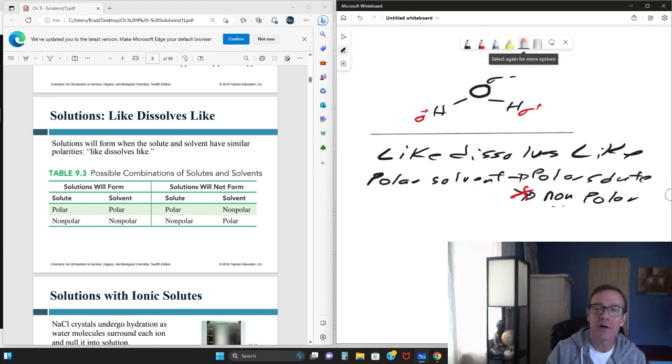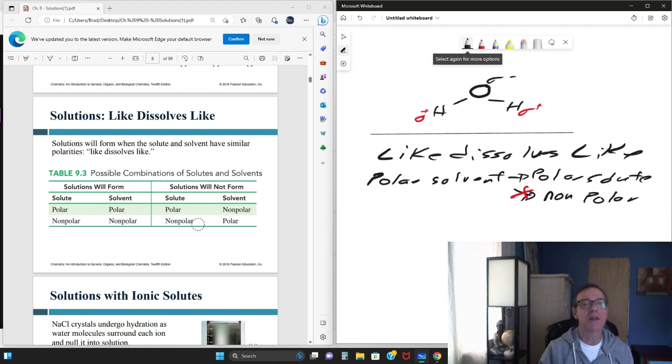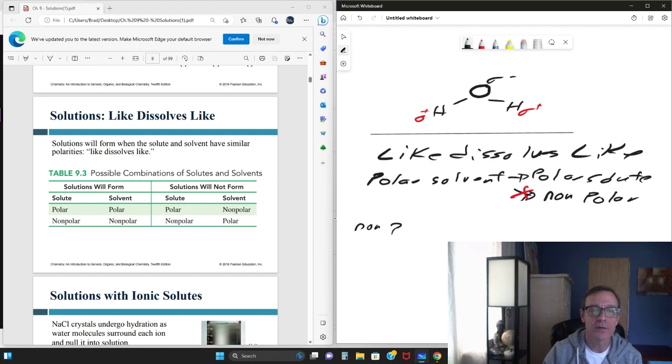So, like dissolves like. You can dissolve polar solutes in polar solvents to make a solution, and likewise, if you have a non-polar solvent, you can only dissolve non-polar solutes, and cannot dissolve polar solutes.